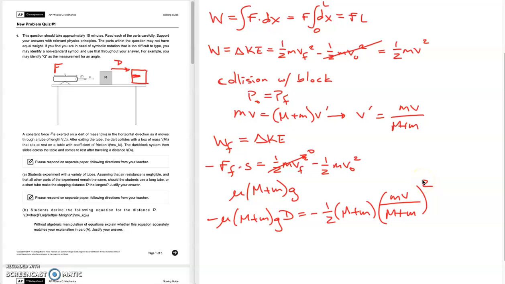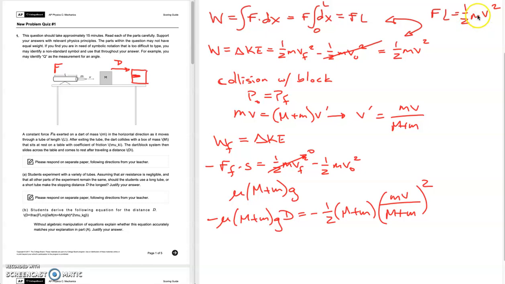Oh yes, and you also have to keep in mind that this velocity is the result of the work being done up here. So the work being done up here says those two guys should be equal. FL equals 1/2 mv squared.